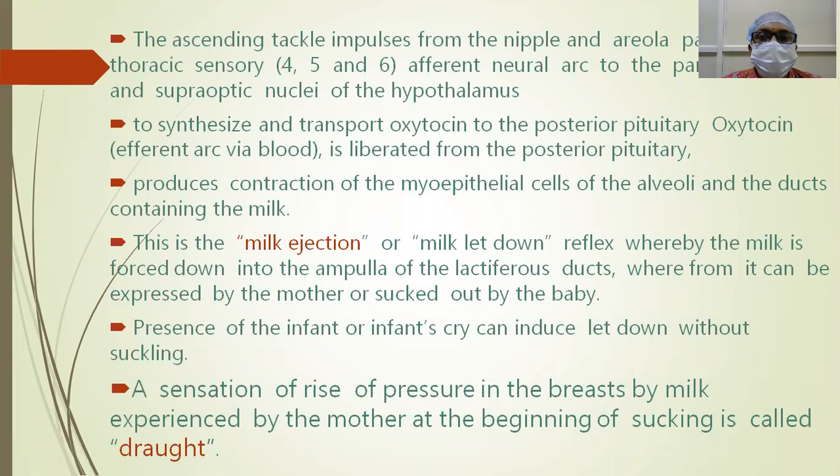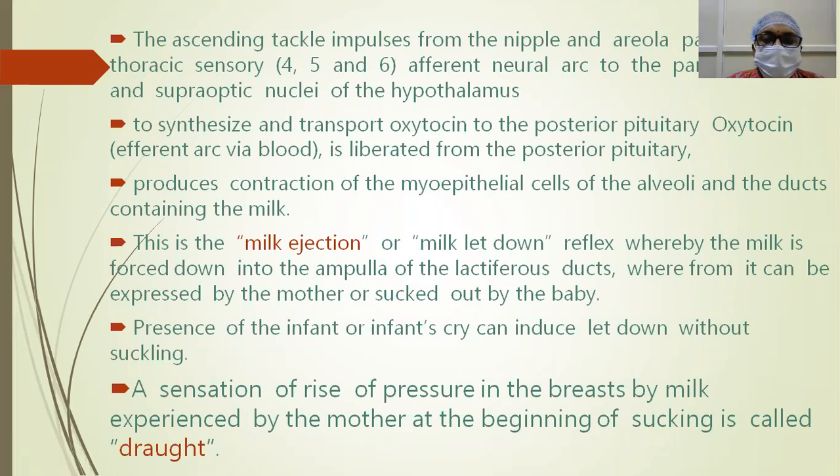Through the efferent arc or via blood, oxytocin is liberated from the posterior pituitary. This oxytocin causes contraction of the myoepithelial cells of the alveoli and the ducts containing the milk. There is milk ejection and the milk let-down reflex, whereby milk is forced down into the ampulla of the lactiferous sinus, from where it can be expressed by the mother or sucked out by the baby.